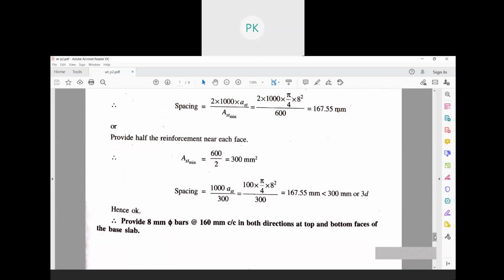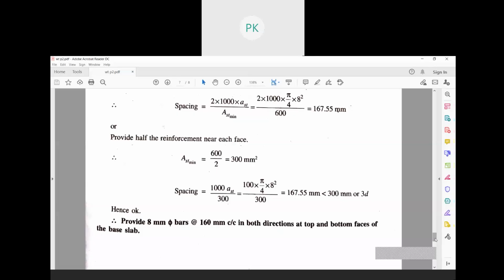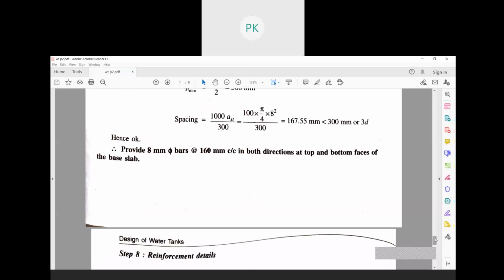So hence, we shall provide 8 mm dia bars at 160 mm center to center in both directions at top and bottom faces of the base slab. So main reinforcement and distribution reinforcement to the bottom face, and main reinforcement and distribution reinforcement to the top face of the base slab. So we give reinforcement on both sides, in both directions, 8 mm dia bars at 160 mm center to center. So these are the required steel reinforcement we have to consider for the calculation.